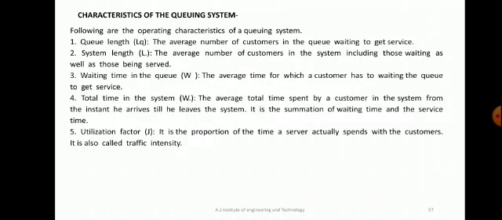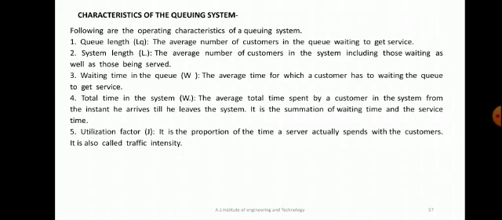Characteristics of the queuing system. The following are the operating characteristics of the queuing system. Queue length, LQ, the average number of customers in the queue waiting to get service. System length, L, the average number of customers in the system, including those waiting as well as those being served. Waiting time in the queue, WQ, the average time for which the customer has to wait in the queue to get service.